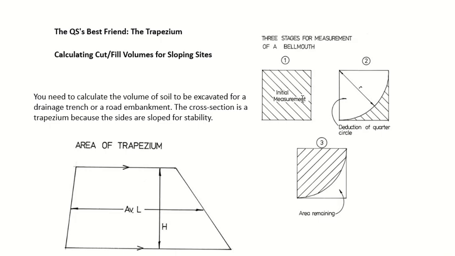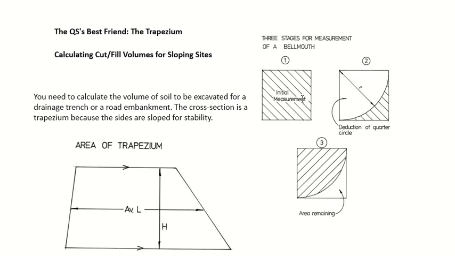The sides do not go exactly like this, because this will be unstable, right? So what we do is we make it sloping. When you make it sloping, you will get a figure like this, and that figure is called a trapezium.